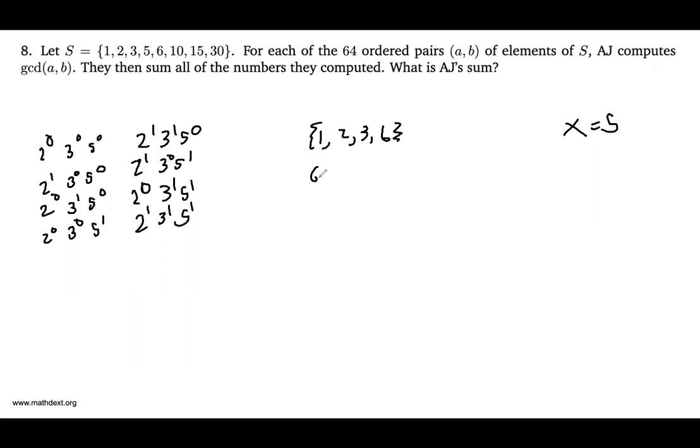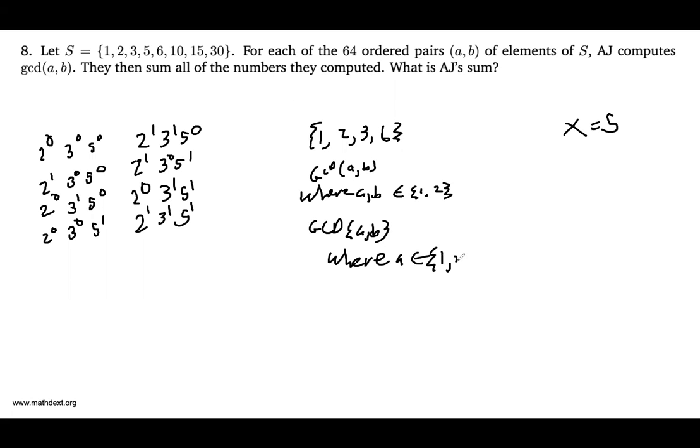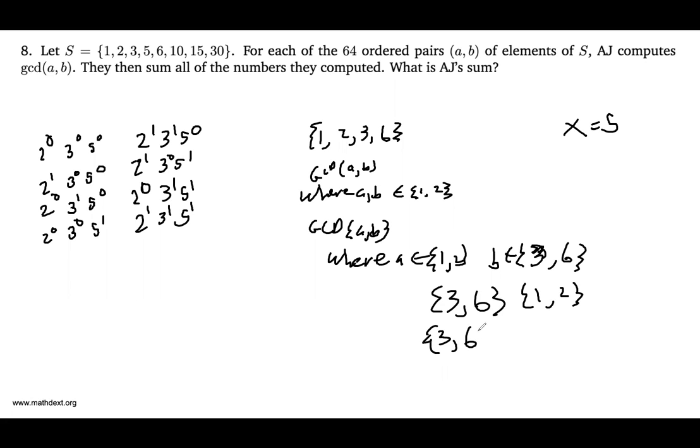The first group, you're comparing the GCD of A and B, where A and B are in the set 1, 2. The next group, A is in 1, 2 and B is in 3, 6. The third group is where A is in 3, 6, and B is in 1, 2. And the fourth group is when both of them are in 3, 6.